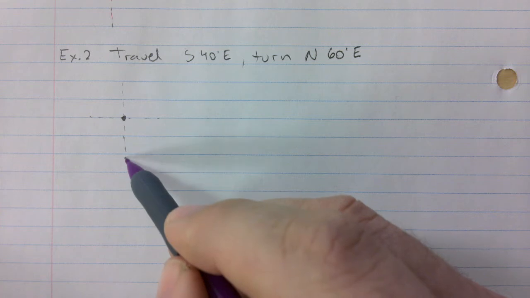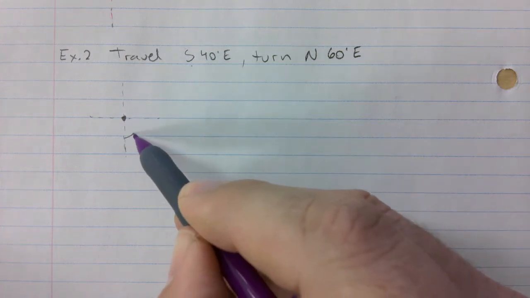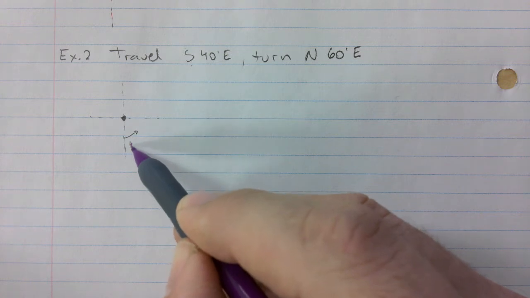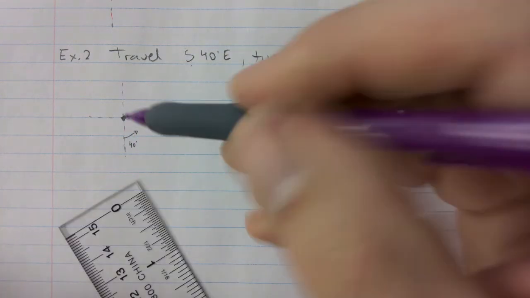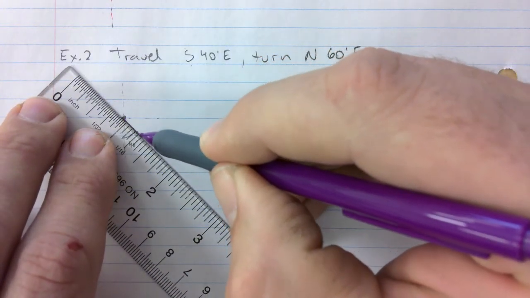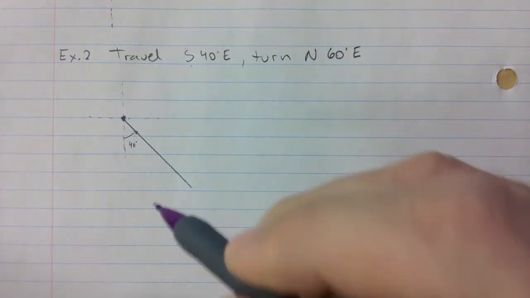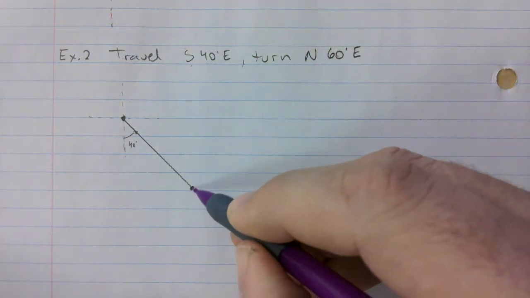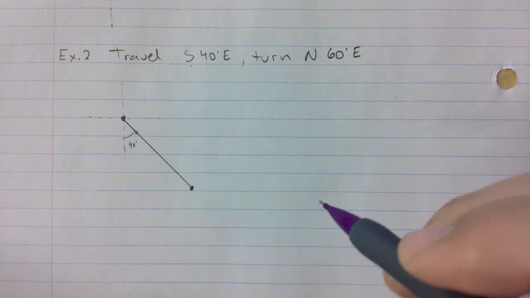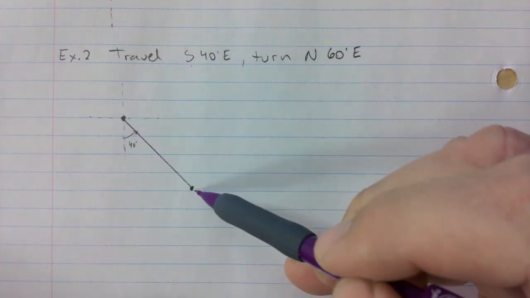So you start your measurement at south because that's the first letter, and then you turn 40 degrees. You don't want to turn 40 just yet, do you? And you draw your line there, until such point where you're going to have to turn. In a word problem, they probably tell you how far you travel, right?